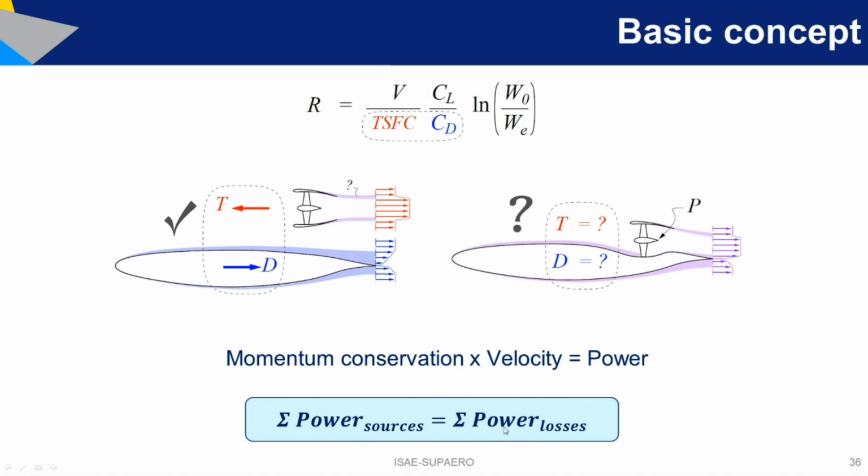So by doing this balance of the power we are injecting with respect to the power being dissipated, you can analyze such configurations, and that's the basis of the power balance. You're just doing a balance between the source of power and the power dissipated at the airframe of the body. That's all. That's the basis of the power balance.